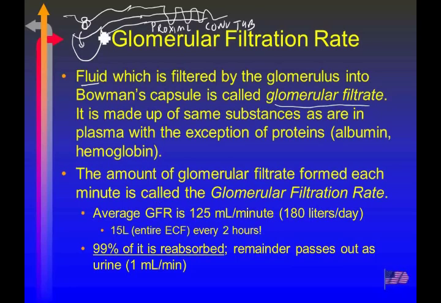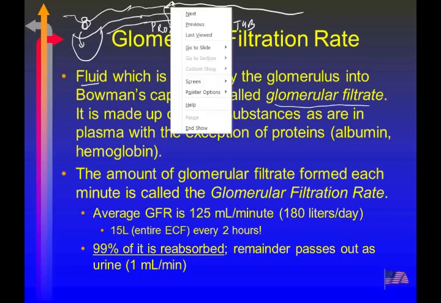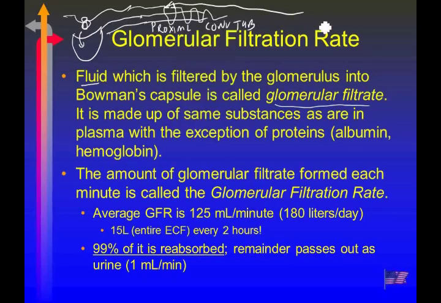Now, if you think about it, if I take a good portion of fluid out of that vasculature, what is left in here is everything but proteins, albumin, hemoglobin, big particles, because the big particles can't be filtered out. Does that make sense?